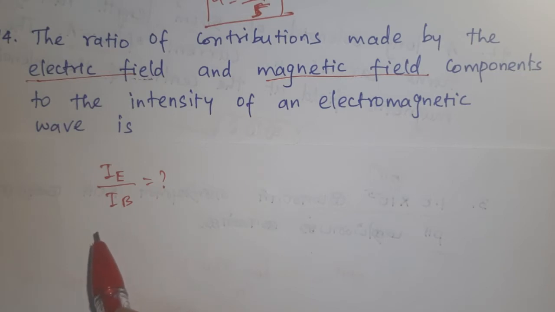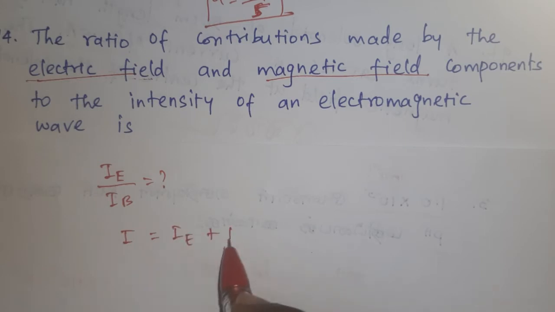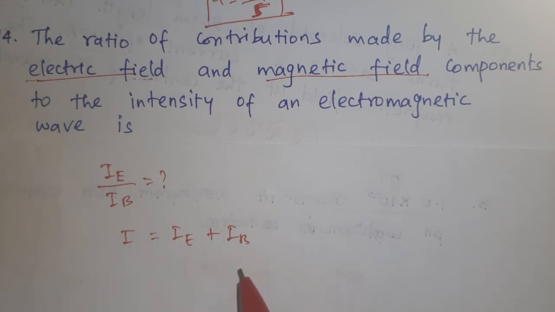In the same manner, electromagnetic wave intensity is also equally divided into two components. One is the electric field, another one is the magnetic field. So I is equal to IE plus IB. That is the net intensity of the electromagnetic wave, the sum of the intensity of the electric field and the intensity of the magnetic field. But both the field intensities will be the same. So I is equal to I by 2 plus IB value also I by 2.